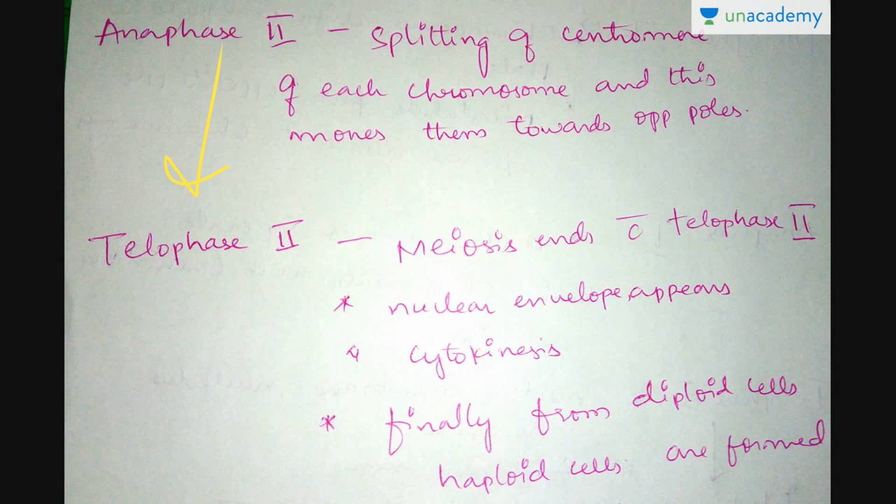Here the meiosis ends with telophase 2. In this, the nuclear envelope appears again and the division of cytoplasm is seen. It is called cytokinesis. After the completion of telophase 2, finally from diploid cells, haploid cells are formed.